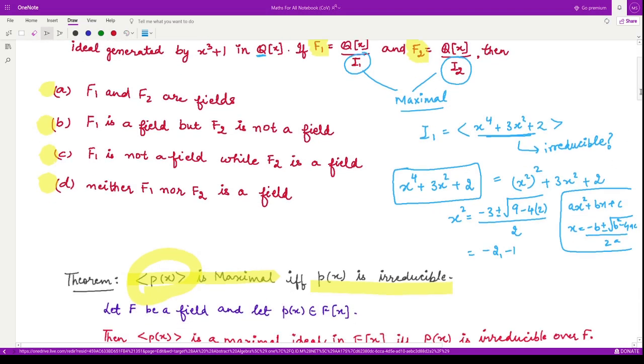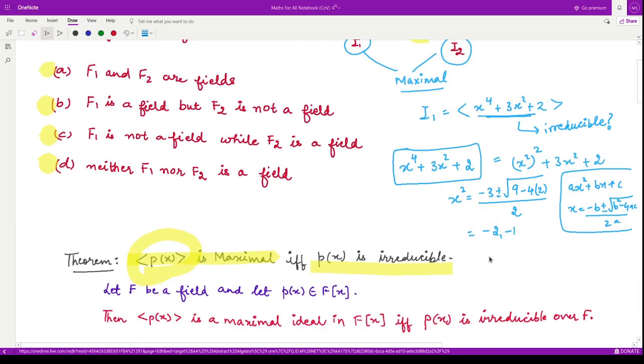So the roots for this polynomial are x squared equal to minus 2 and x squared equal to minus 1. That means x squared plus 2 and x squared plus 1 are factors. So you can write this polynomial as a product of these two polynomials, whose coefficients are obviously in the rational numbers.